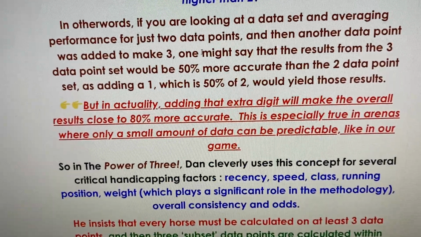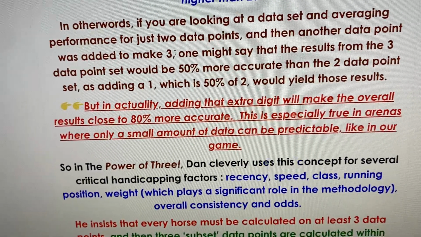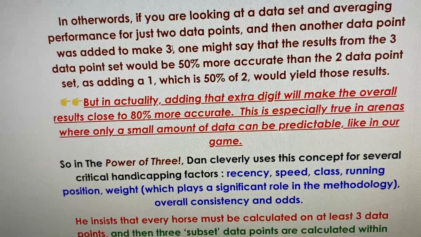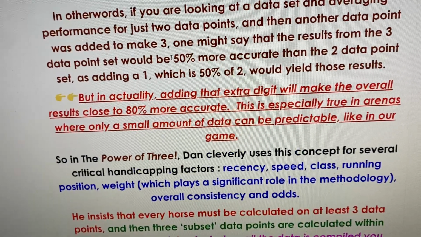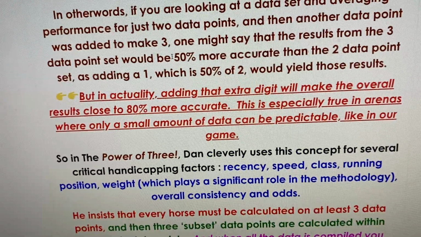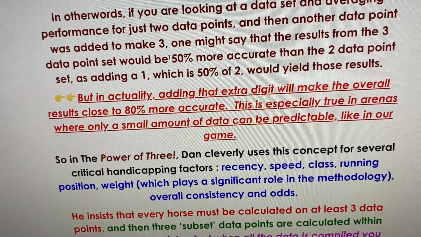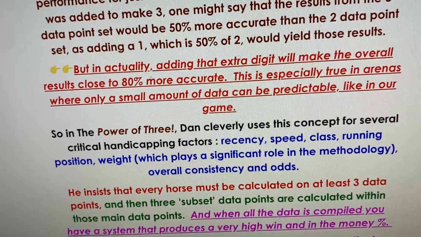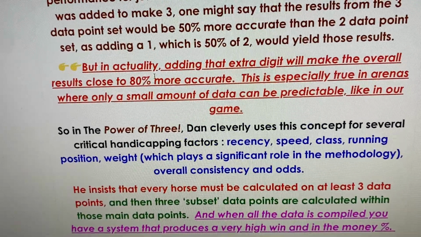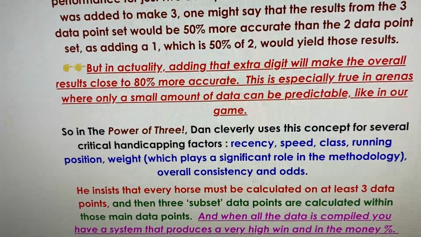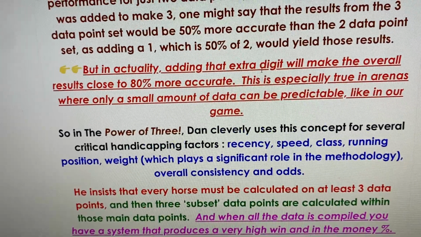If you have 2 data points and expand it to 3, you might say the results would be 50% more accurate because you got one more race. But in reality, adding that third factor actually makes the results around 80% more accurate. So adding a third factor can make a lot of difference.